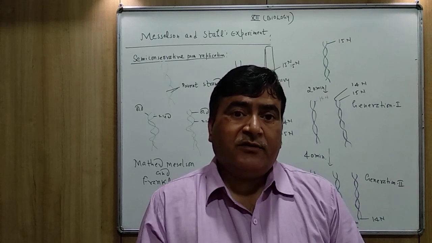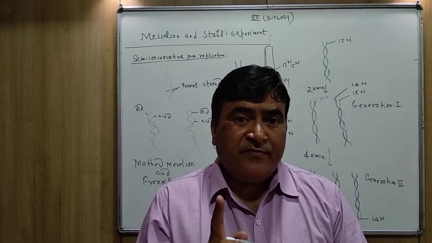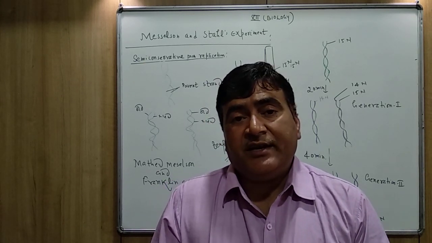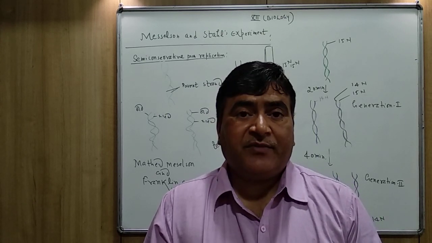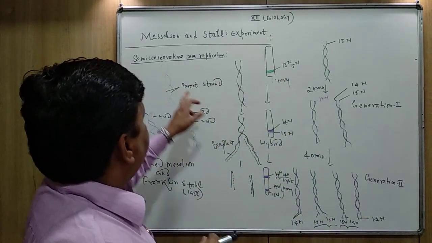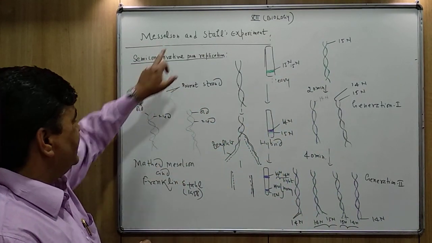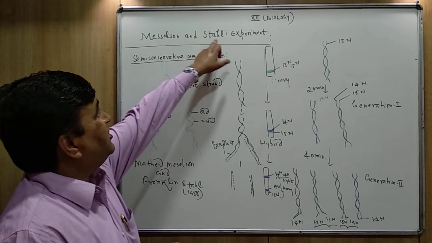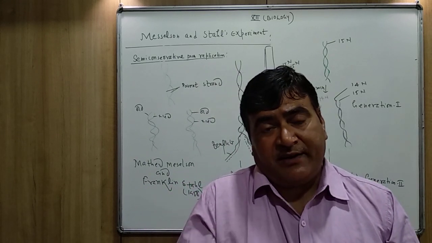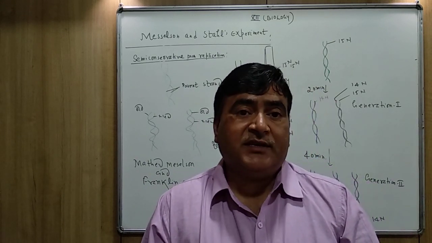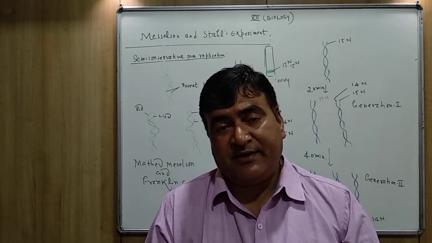But the topic which we will discuss today is the experimental proof of the DNA replication, which is the semi-conservative method. These two scientists, Matthew Meselson, simply you can say Meselson, and Franklin Stahl, experimentally proved the semi-conservative method of DNA replication.